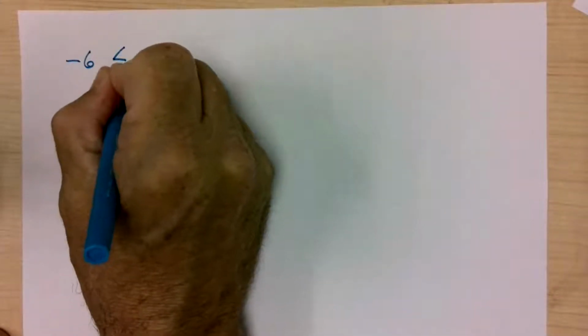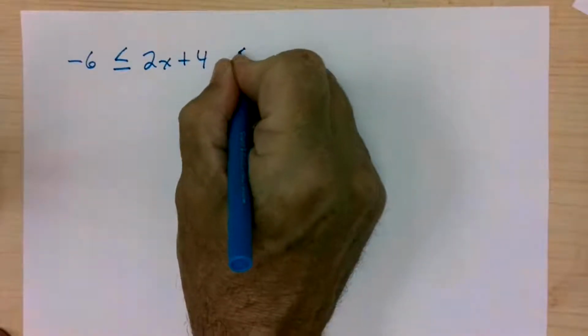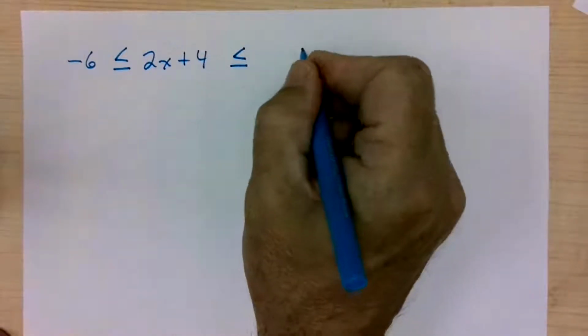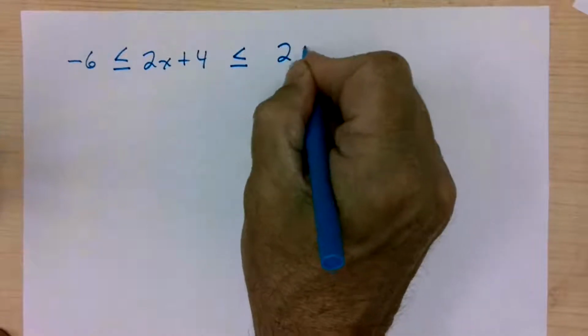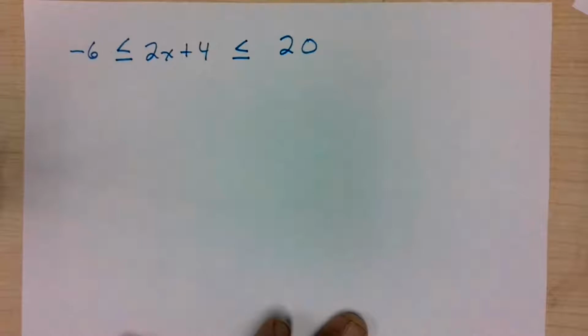This time I'm going to say -6 less than or equal to 2x plus 4 less than or equal to 20. So this is actually an and statement. This is actually a compound inequality.